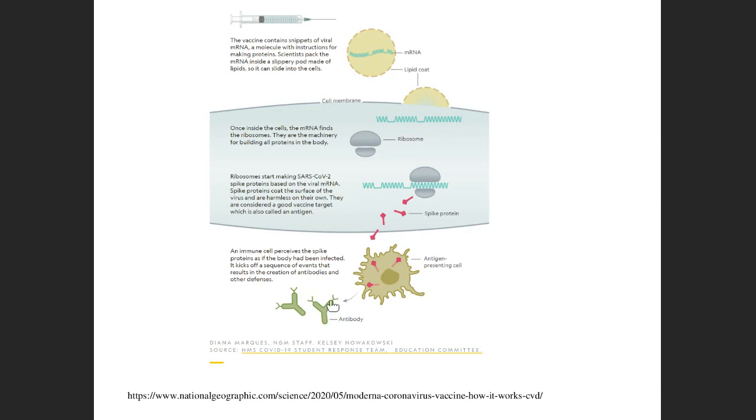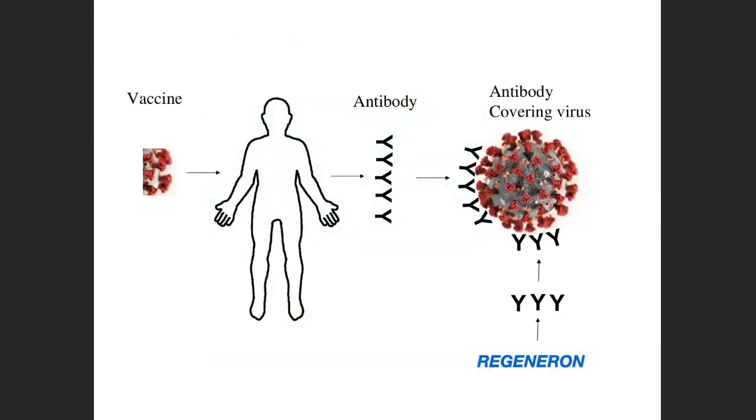The antibodies have variable regions that can bind to the spike protein, which is on the surface of the virus. So the antibodies that recognize the spike protein can bind to it here. Okay.